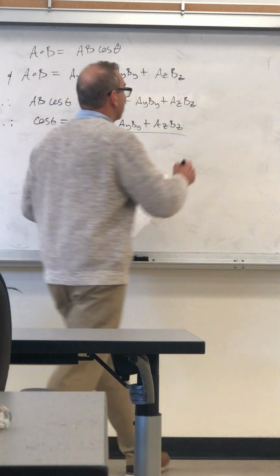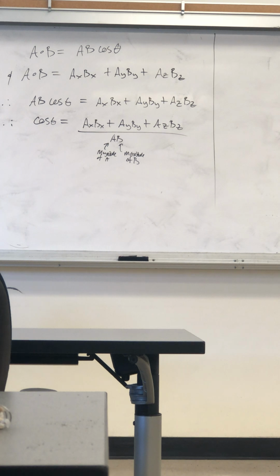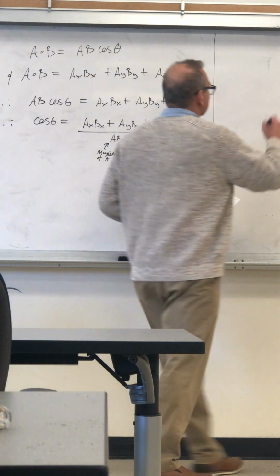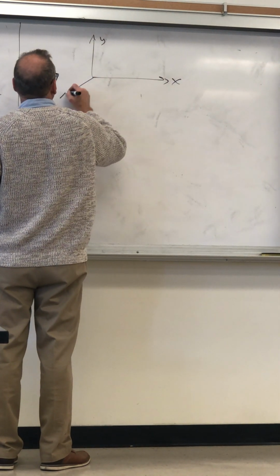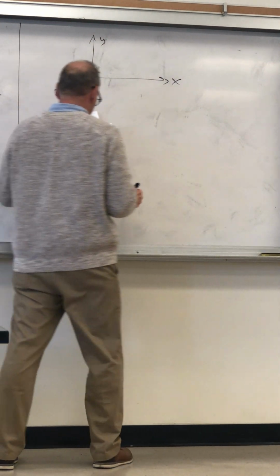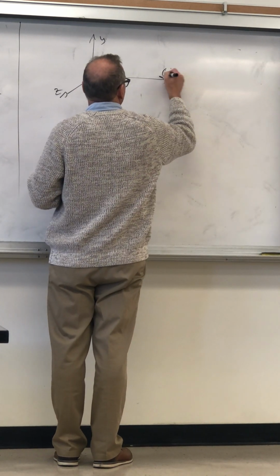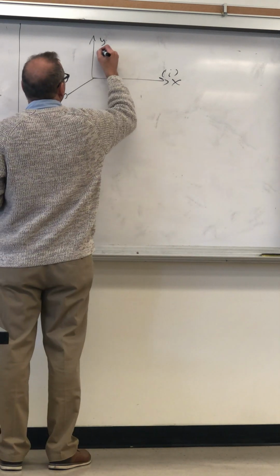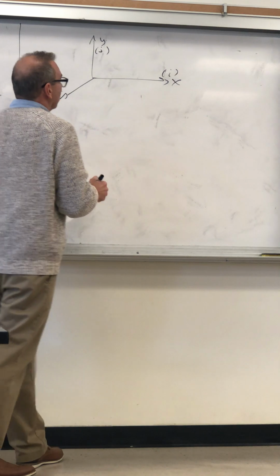Okay, so let's look at an example. Two vectors, for you a three-dimensional one. So we have here the X, I, J, and K directions. And we have two vectors.